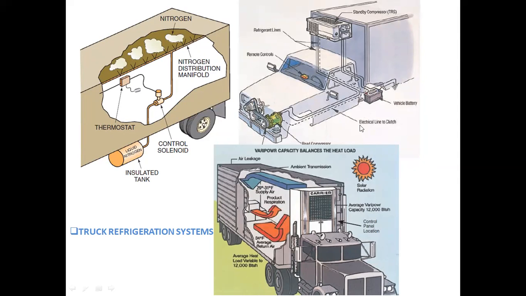The second one shows the VCR cycle attached to this container, and this VCR cycle supplies the cold air or the chilled air to the container, and this will maintain the temperature of the food products. So you may use liquid nitrogen or a VCR cycle as shown here. Of course, to run the VCR cycle you need power. For this, power is taken from the engine in most of the cases, right.